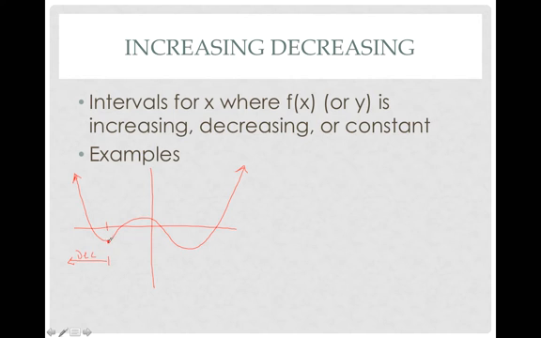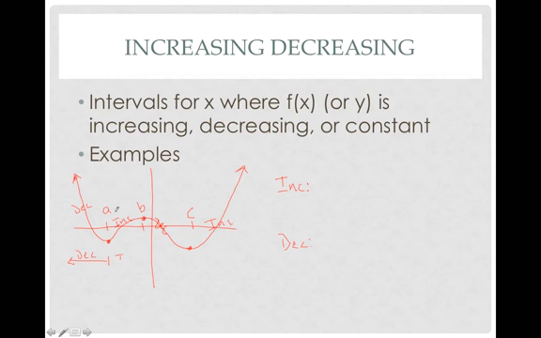Between this value and this value, it's increasing, and then it's decreasing from this point to this point, and then it's increasing again to the end. And I don't really care what these values are. If I called this A, B, and C, we could look at this as increasing and decreasing sections.